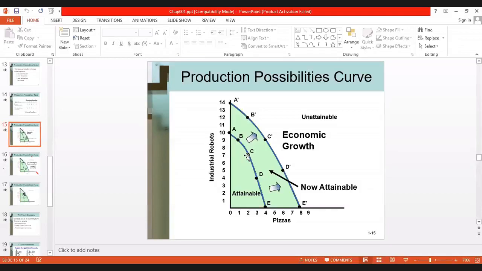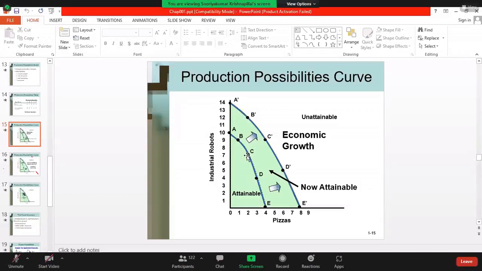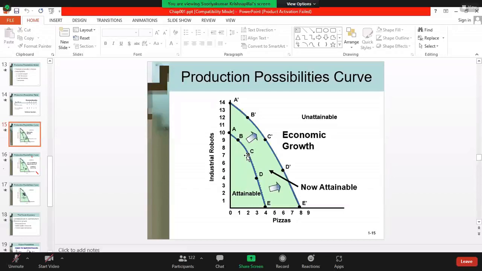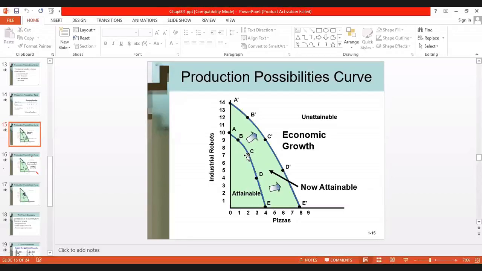Each additional pizza gives satisfaction. Marginal benefit is the demand. The demand curve shows the marginal benefit of each additional pizza. The demand curve slopes downward because each additional pizza gives less and less satisfaction. That is the demand curve.